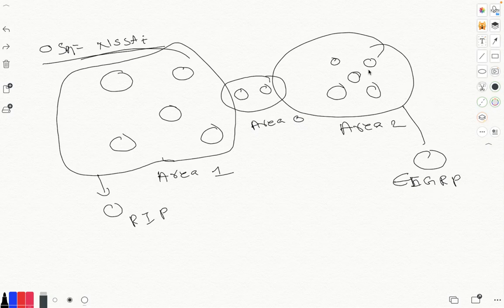In this outside of the other router, this is an NSSA network, a stub area, and this is EIGRP. These are connected.